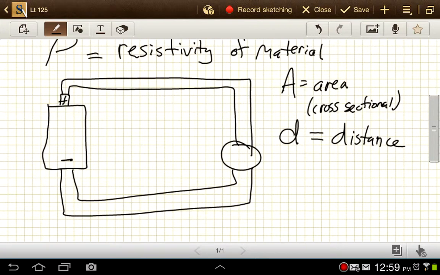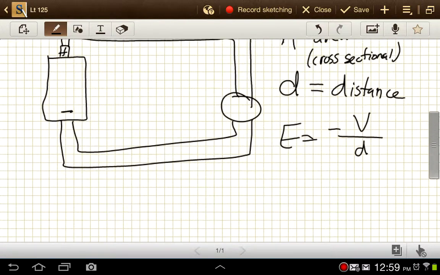We know that the average electric field is equal to negative potential difference divided by the distance. So as our distance gets larger, our electric field gets smaller. If we have to travel a very long distance, then there's not much of an electric field. There's a smaller force trying to push the electrons along, counterclockwise here. So as our wire gets longer and longer, the electric field decreases. That's going to increase the resistance of our material as well, the resistance of our resistor.